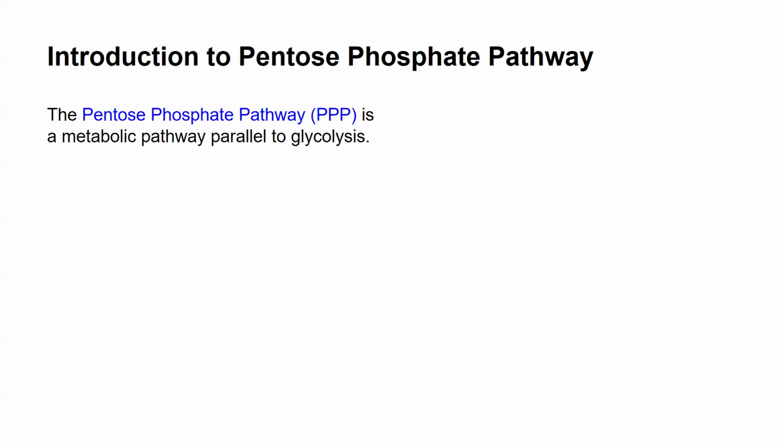And the reason it is called parallel to glycolysis is because the pentose phosphate pathway and glycolysis share similar substrates. Remember, glucose is converted into glucose 6-phosphate in glycolysis, and the glucose 6-phosphate will continue into the glycolytic pathway.